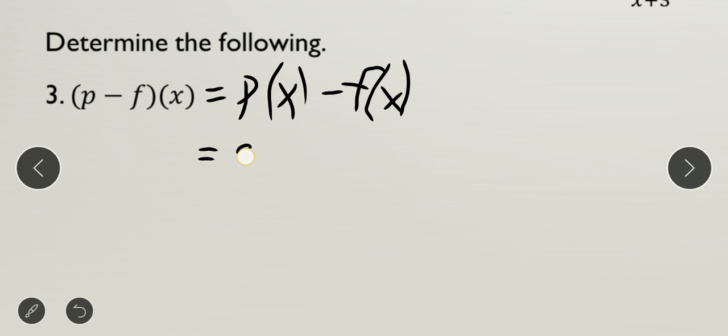Now what is p(x)? That's equal to 2x minus 7. Minus what is f(x)? That's equal to x plus 3.